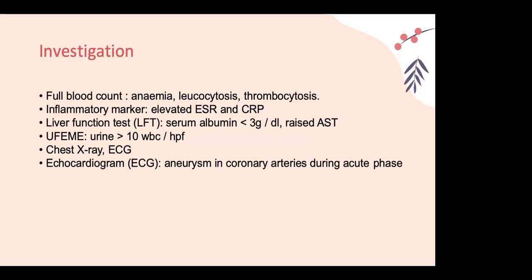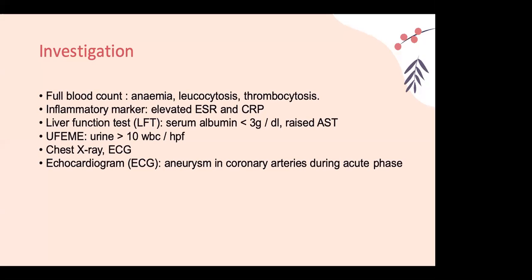Okay, so investigation for Kawasaki disease is commonly done if we suspect incomplete Kawasaki disease, and also we want to see complications. In Kawasaki, from the full blood count, there will be anemia, leukocytosis, thrombocytosis. Inflammatory markers will be elevated, and for liver function test there will be low albumin and raised AST.